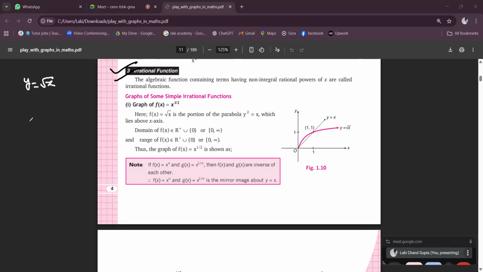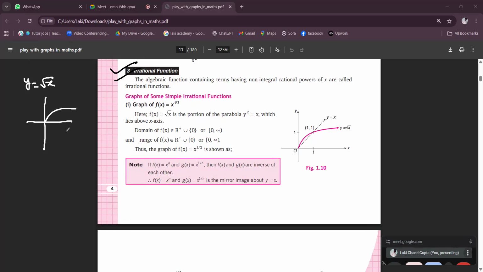So the graph of y is equal to root x is this. Why? Because you cannot put a negative x value. Can you put a negative x number? No, because under the root you cannot put a negative value of x, right?